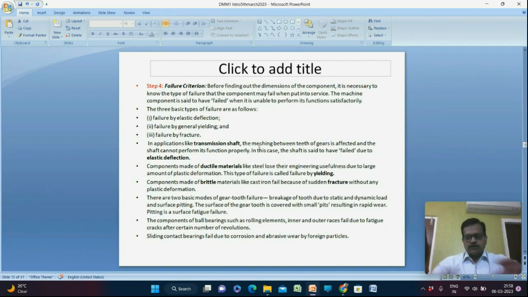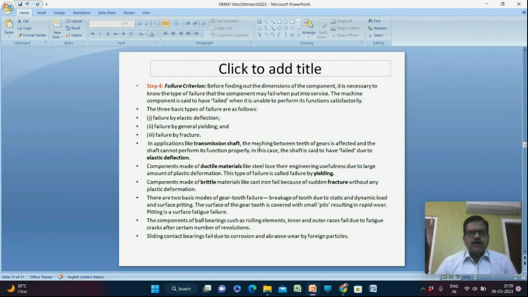So when the shaft at the bottom gets deflected, and it cannot make contact with the upper one, hence the shaft under elastic deflection has failed to transmit the power as well as motion.